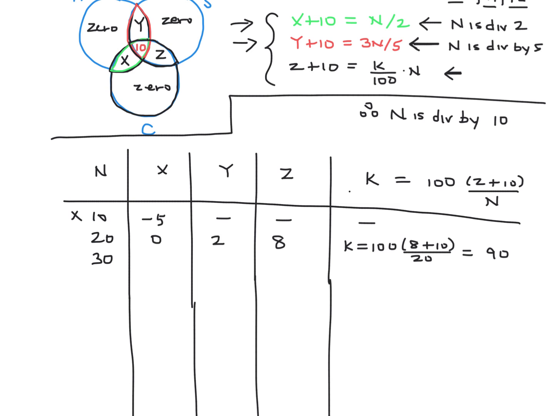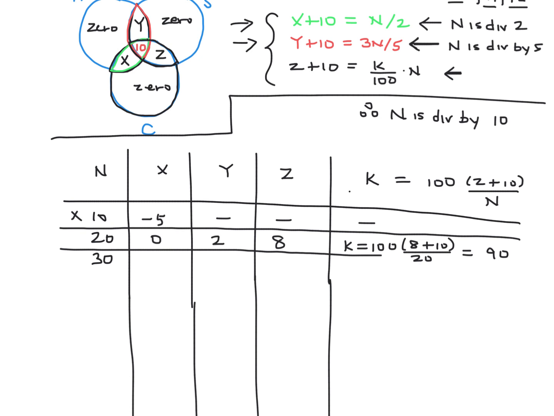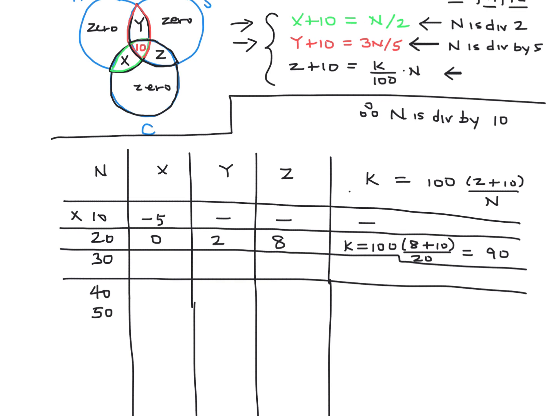Got it? So let's make this a little neater, like this. I'm just going to keep going: 40, 50, 60, 70, 80, 90, and then 100, and so on.